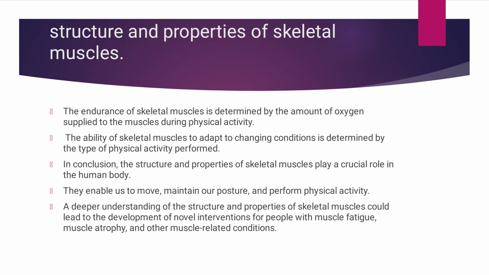The ability of skeletal muscles to adapt to changing conditions is determined by the type of physical activity performed. The structure and properties of a skeletal muscle play a crucial role in the human body. This helps us to move, maintain our posture, and perform physical activity.